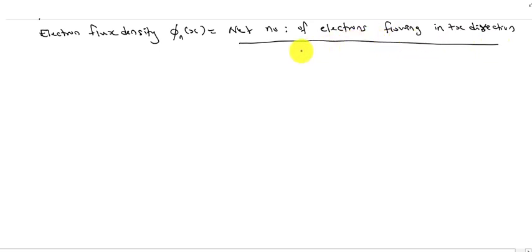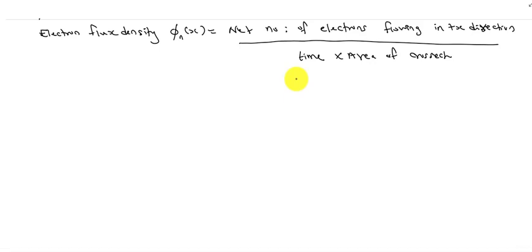That is the rate of flow of electrons, so by time into area of cross section. So we can define the electron flux density as the rate of flow of electrons in positive x direction per unit area, the net number of electrons flowing in positive x direction.